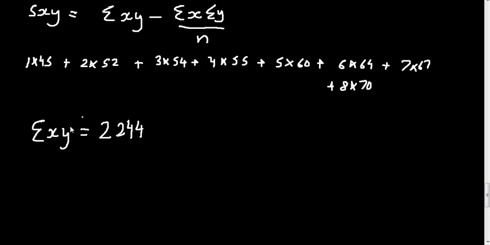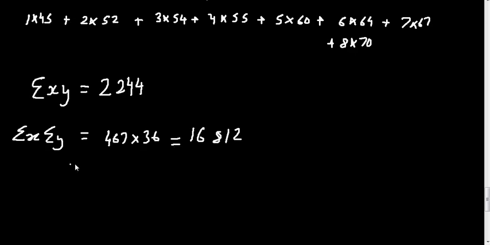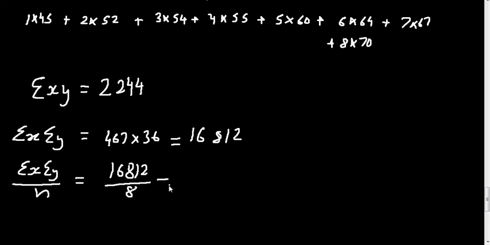Next you have to work out your sum of x times sum of y. That's basically the sum of all the x terms times the sum of all the y terms. Then you divide that result by the number of points you had. That's 8, so 16812 divided by 8, you get that.